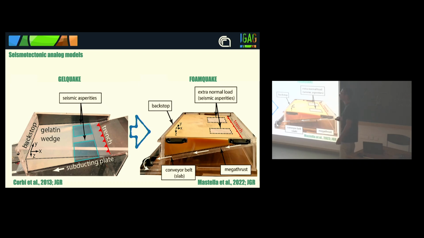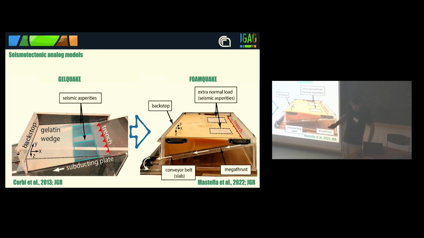So we tried to speed up the modeling by building Foamquake. This came out a couple of years ago in a paper by Giacomo Mastella. The experiment is much bigger: it's 1.5 meters by 90 centimeters. And it's also quite flexible, like Gelquake. In this case, instead of the gelatin wedge, we have a foam rubber wedge.